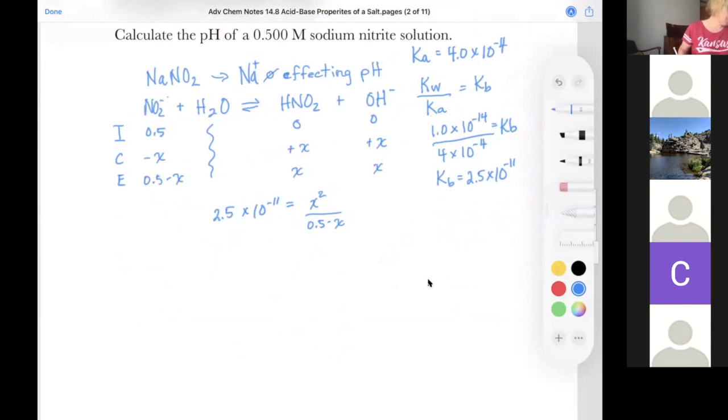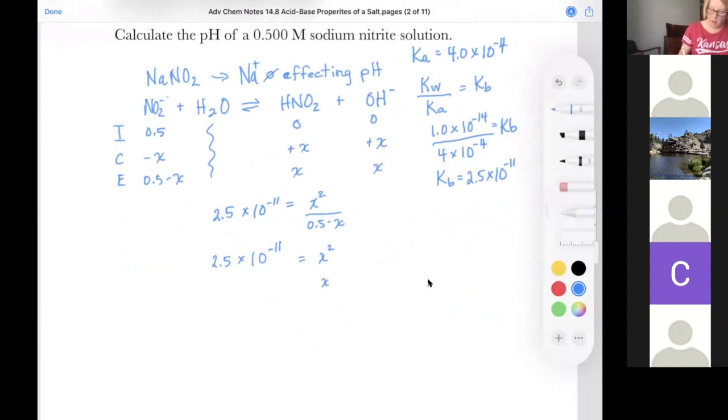We can solve using our assumption that the x at the bottom is very small. So 2.5 times 10 to the negative 11th equals x squared over 0.5.